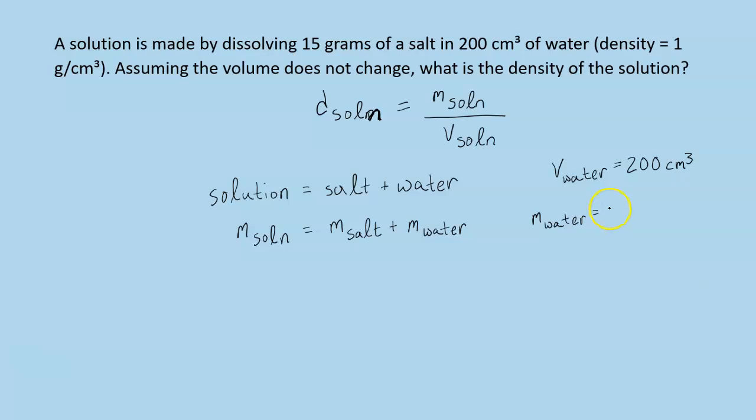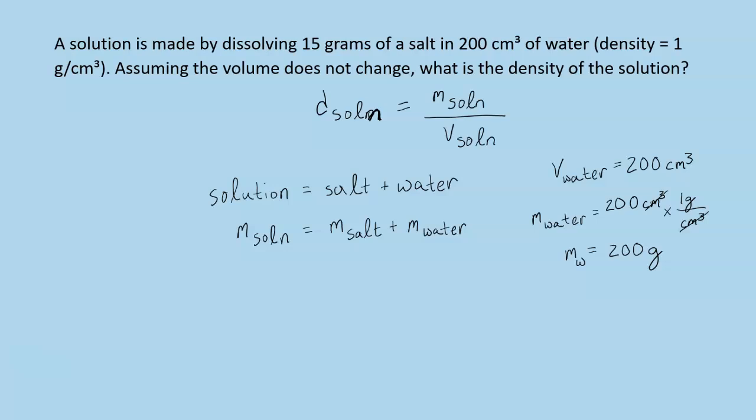Okay, and we can get that by taking the volume and multiplying it by a density of 1 gram per centimeter cubed. So those centimeters cubed cancel out. That's just showing you how I got to it. But the mass and the volume of the water are the same, just with different units. And that's the mass of the water.